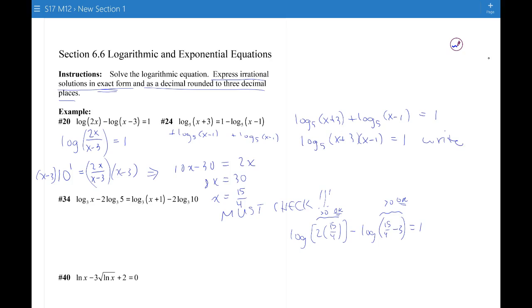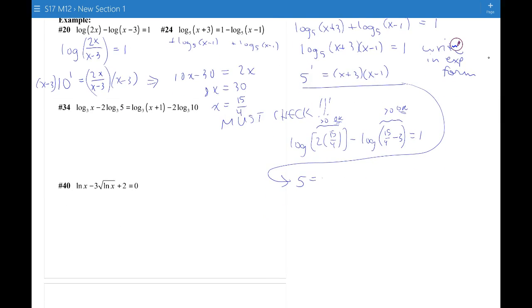Now I write in exponential form: 5 to the 1 equals x plus 3 times x minus 1, and I'm betting you can solve this. But let's go ahead and work on it together. I'm going to move it down here and say that 5 equals x squared plus 2x minus 3, so x squared plus 2x minus 8 equals 0. So that looks like x plus 4 times x minus 2. Check me on that.